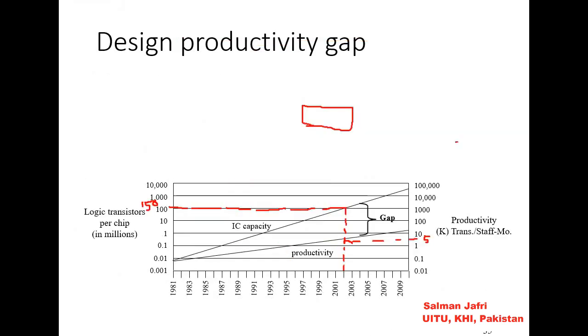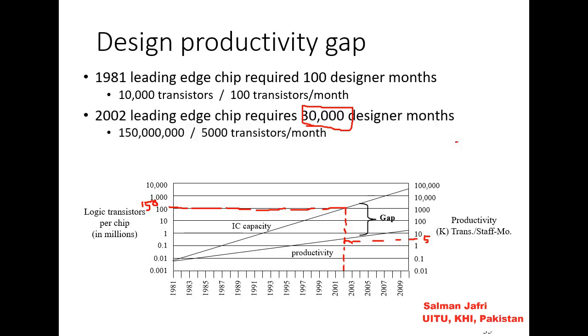Now when we give 100 staff months or 100 design months, we can have this type of calculation like we followed before. Now we can do the same thing for 2002. I would like all to please refer to this diagram and do the calculations.